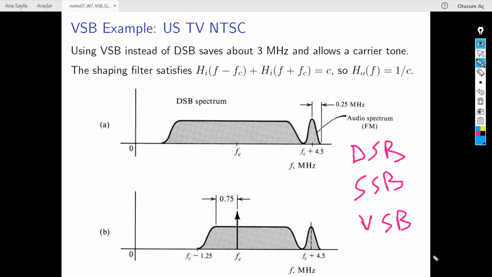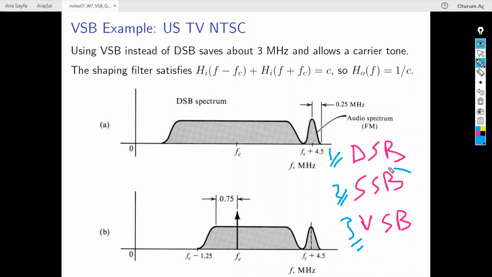Let's say this is 1, this is 2, this is 3. Which is the most spectrally efficient? Any answers?